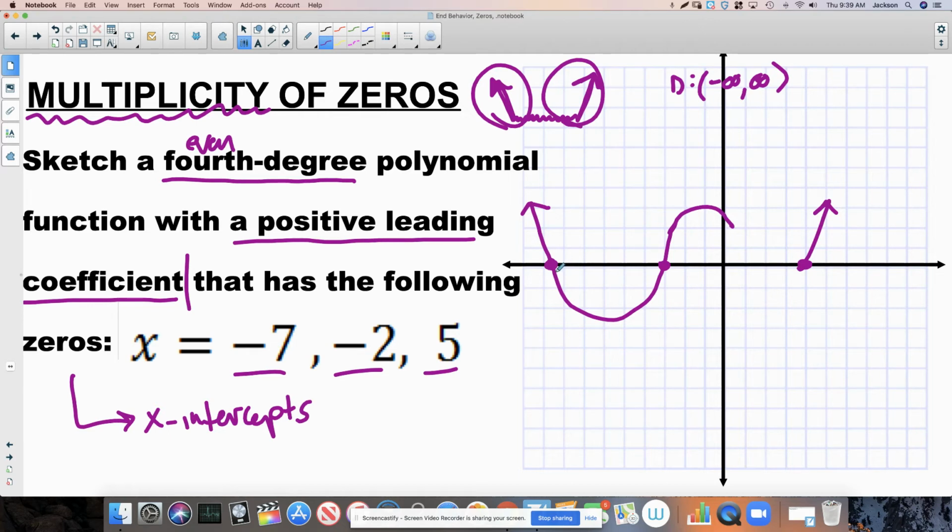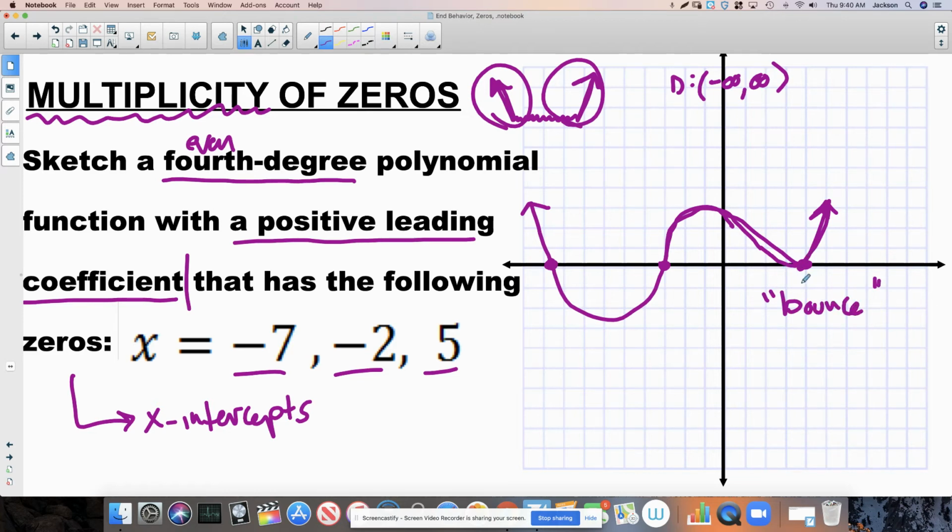Again, this could go lower, this could be shallow. That's not what we're focusing on. We're focusing on what could happen here. This graph could come back down, and if it's only going to cross the x-axis one more time, it would have to do this. It would touch the x-axis, and then what we refer to as it would bounce off the x-axis.